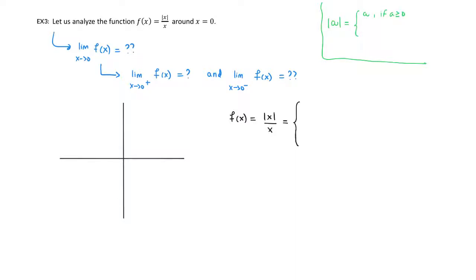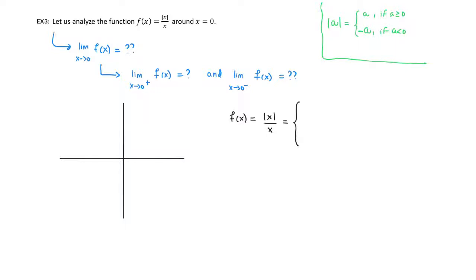So if A is positive or equal to 0, the absolute value of A is A. No absolute value is necessary. And if A is less than 0, the absolute value of A is negative A. And that makes sense. If A is negative, let's say negative 2, then the opposite of negative 2, in other words, negative 2, is positive.